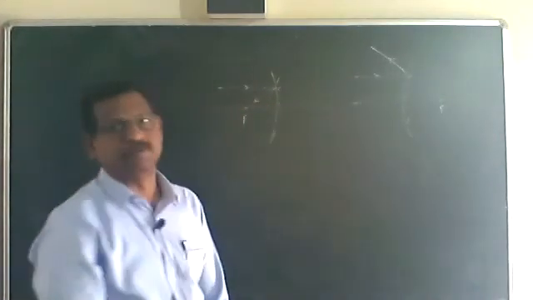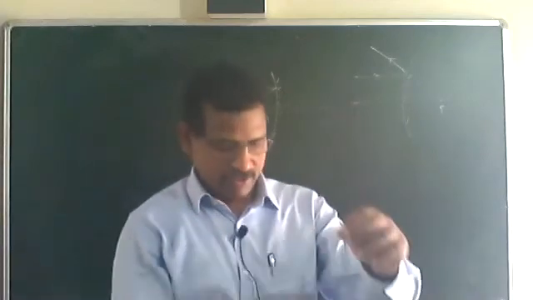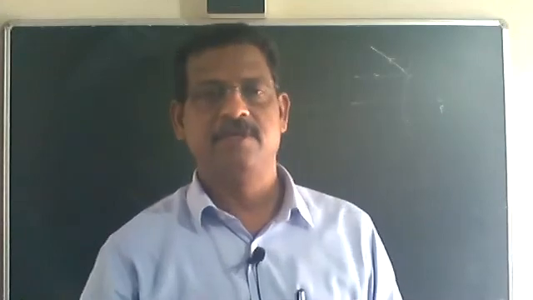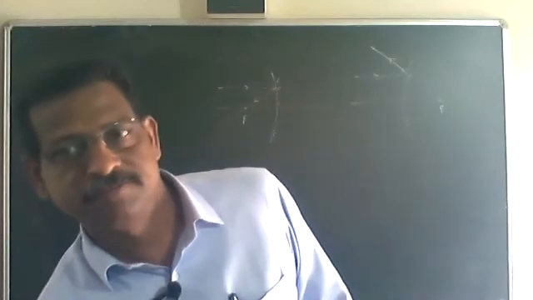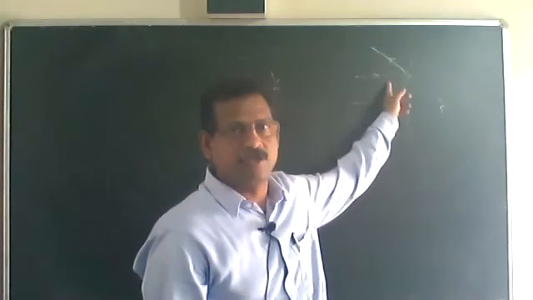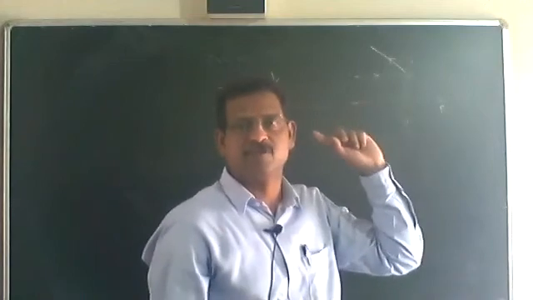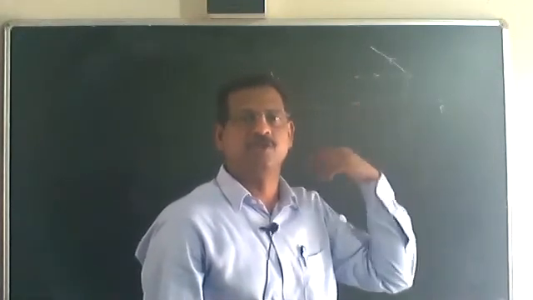This is ray number 1: a ray parallel to principal axis, after reflection passes through the focus in the case of concave mirror, and appears to come from the focus in the case of convex mirror. This ray we have to use in all cases.